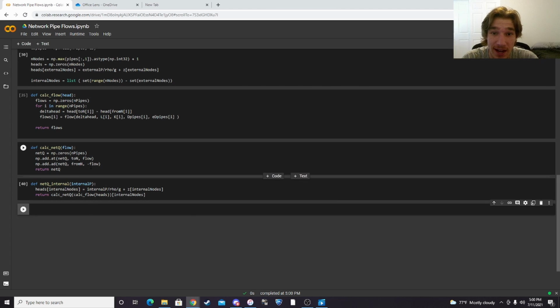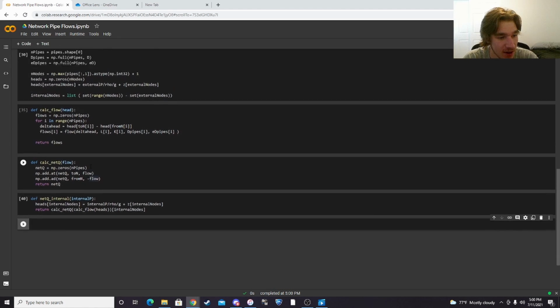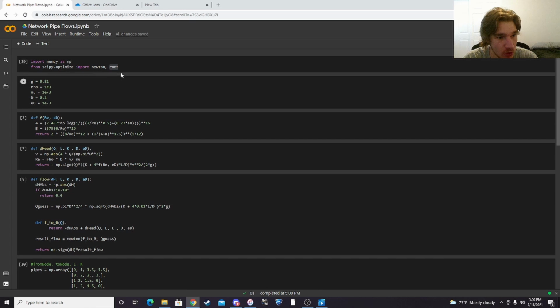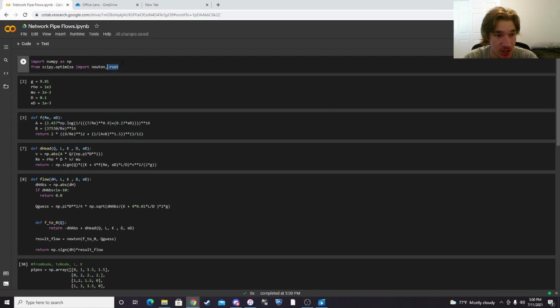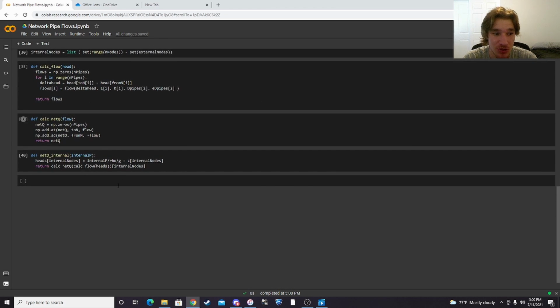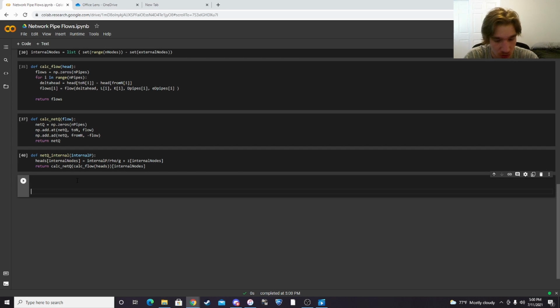So now we can go ahead and move on to where we actually use this root function from SciPy Optimize. In order to use that, we're going to be needing an internal P guess.